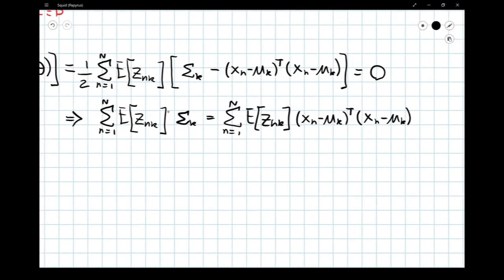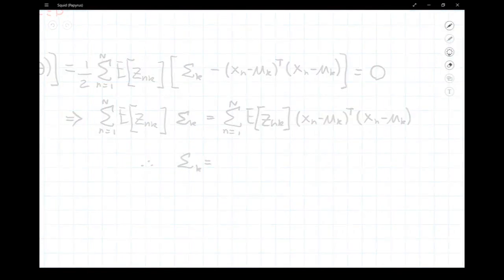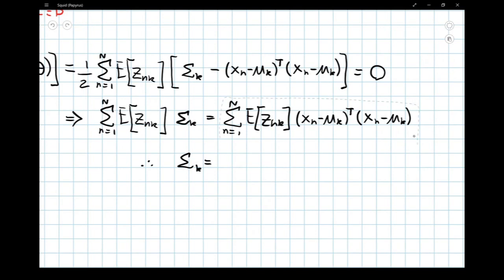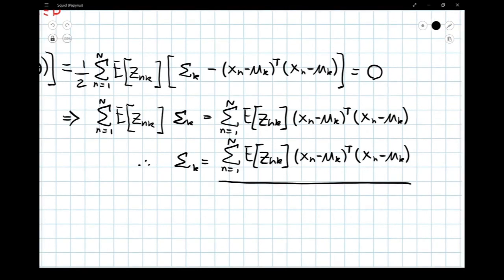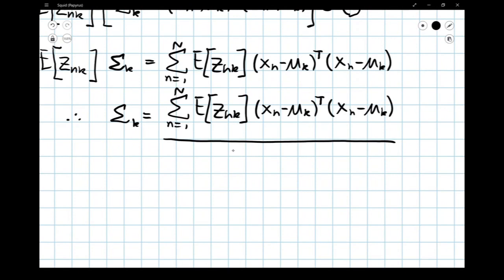And now we're just going to divide by this summation. So therefore, our next sigma k, our next best guess, is going to be equal to this divided by, and again, just to avoid confusion, we'll say the summation over n dash from 1 to N with our expected value of z n dash k.